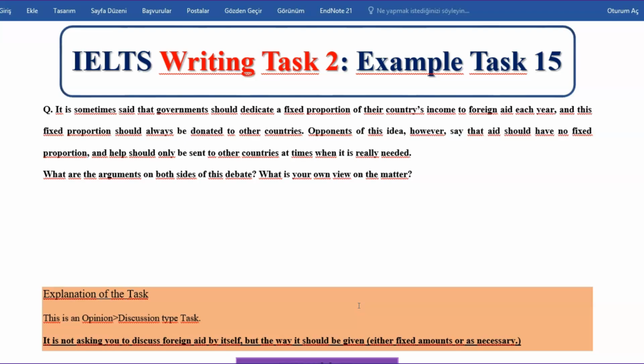What are the arguments on both sides of this debate? Discuss both sides of this debate and give your own view on this issue. Okay, I actually want your idea, right? And what are the arguments, the discussion, right?